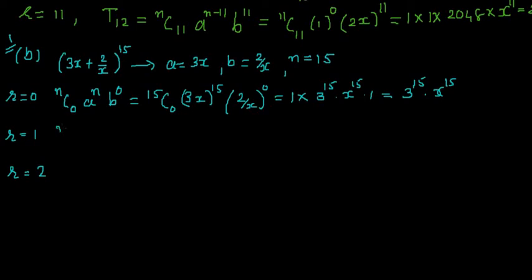Now if you keep r equal to 1, it is going to be nC1 a raised to n minus 1, that is n minus r, because r is 1, and b raised to r, that is 1.